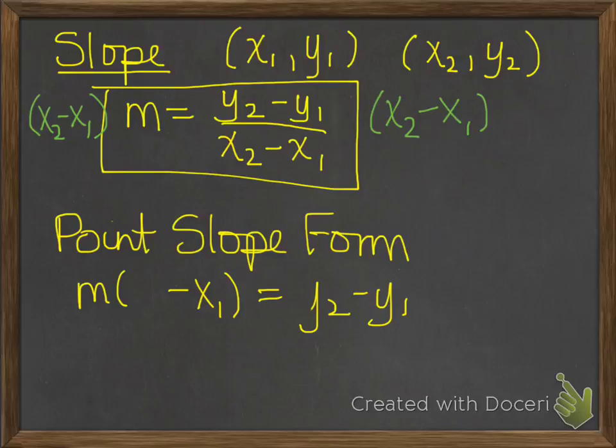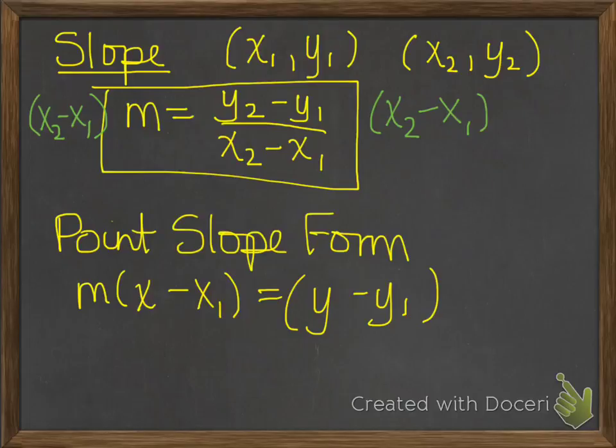So these could stand for any number that would be a solution to the equation. So we can put in x minus x1 and y minus y1. So m times (x minus x1) equals y minus y1.